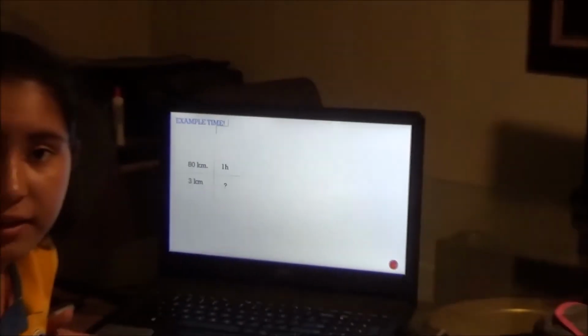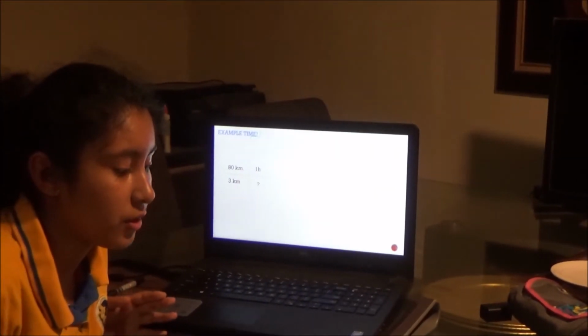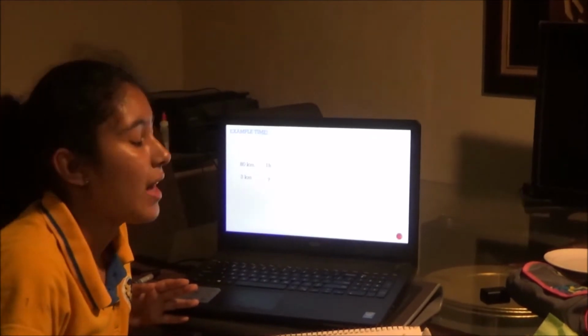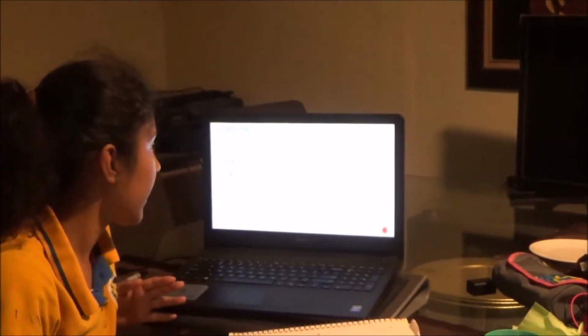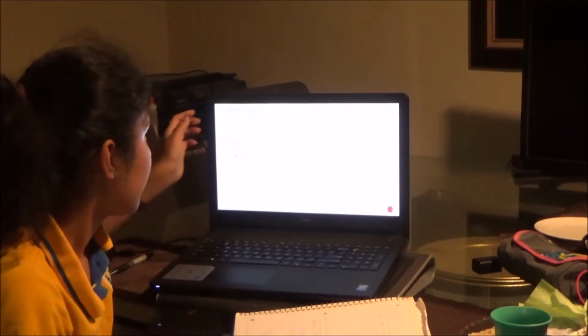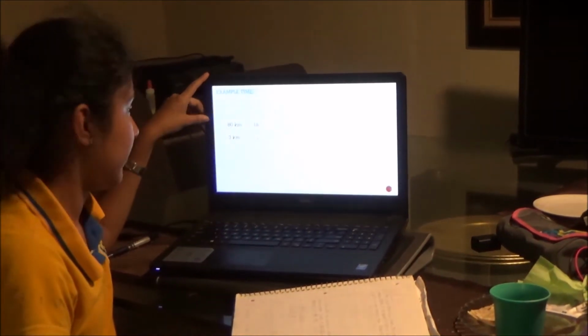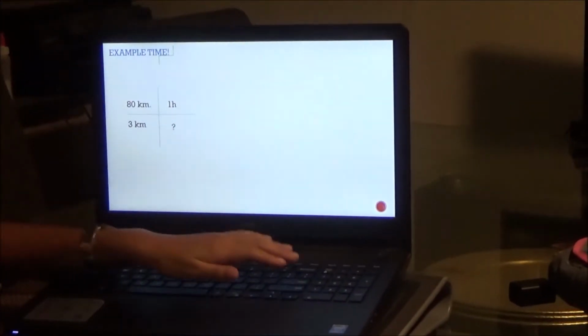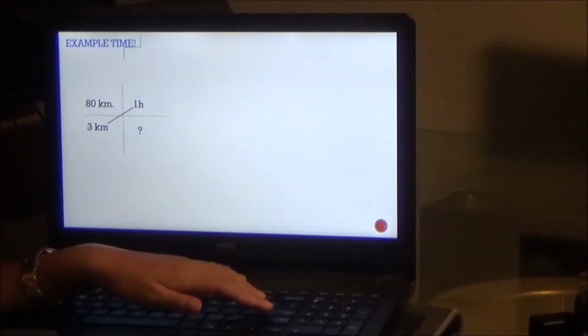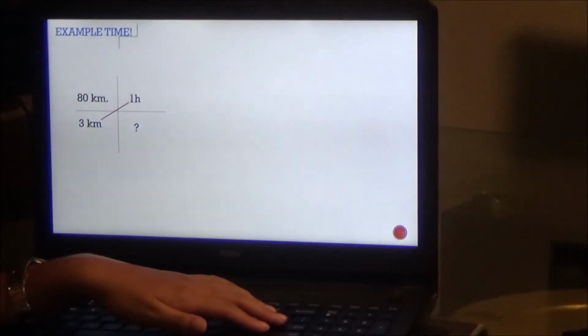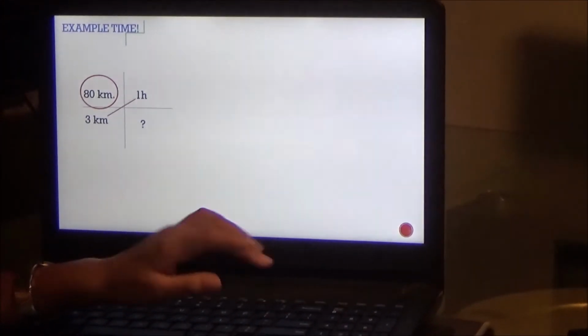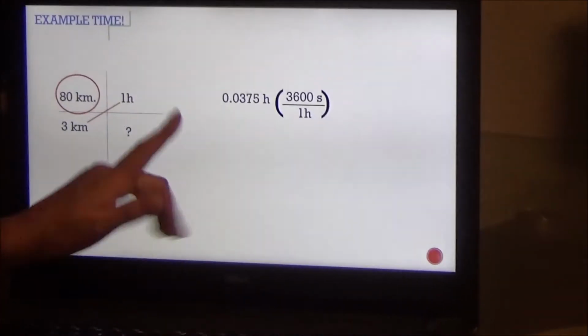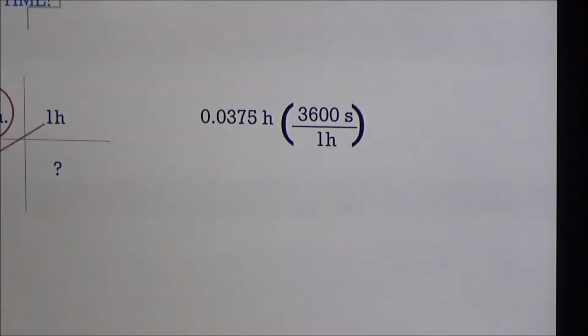This is an easy question because we don't have acceleration, so that means that we need to use ULM. And in these cases we have to use the rule of three. So we need to multiply 1 by 3 and divide the result by 80. So here is what we have to do.